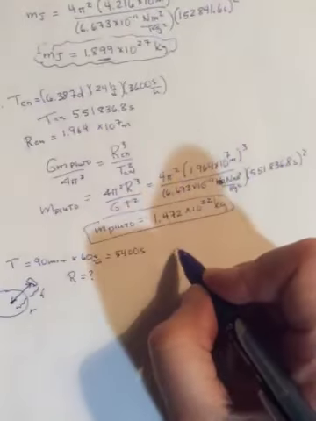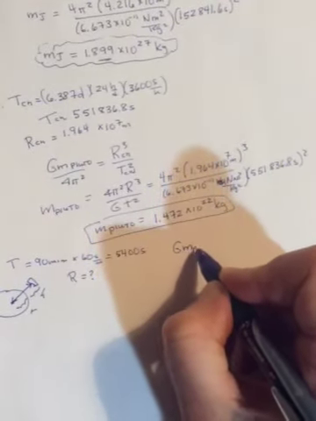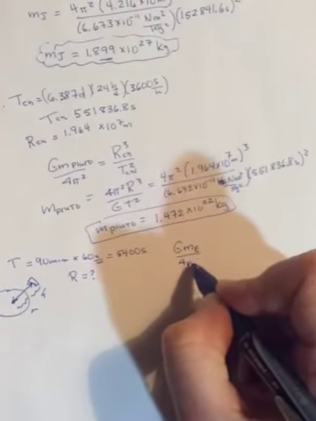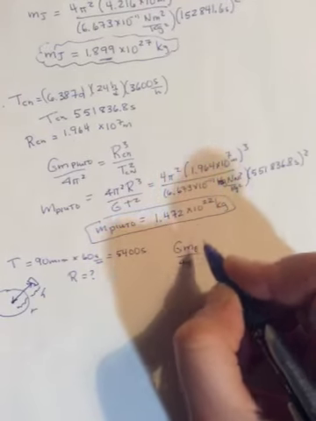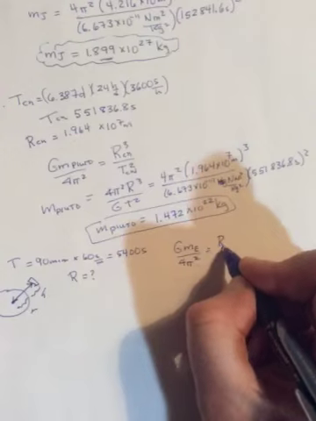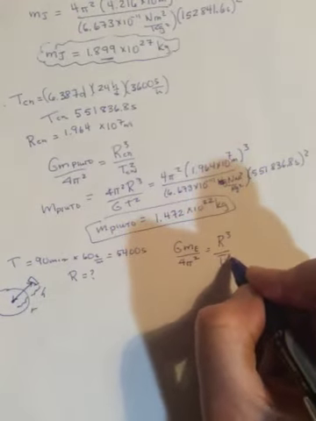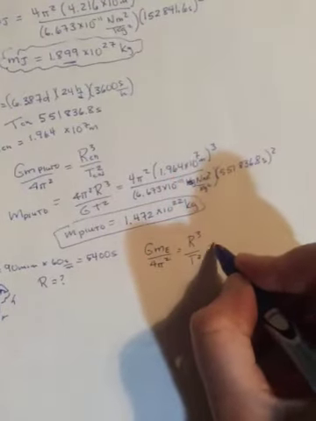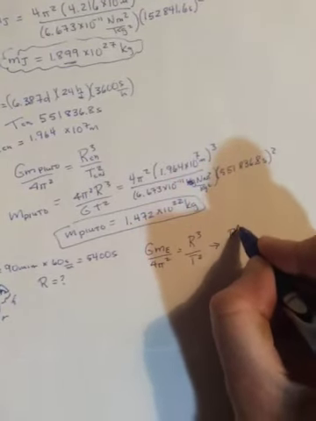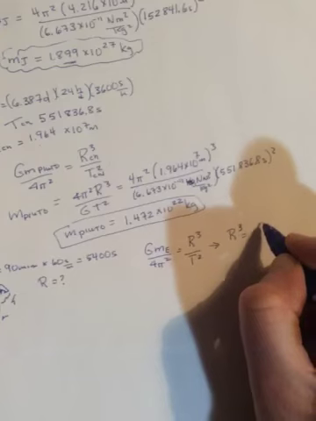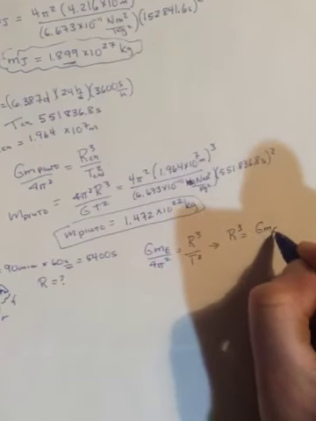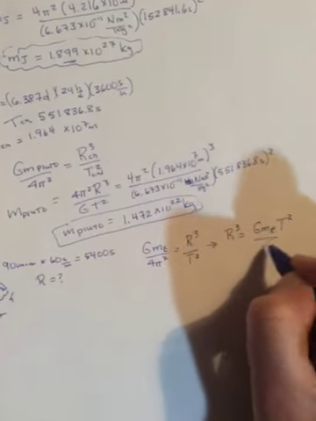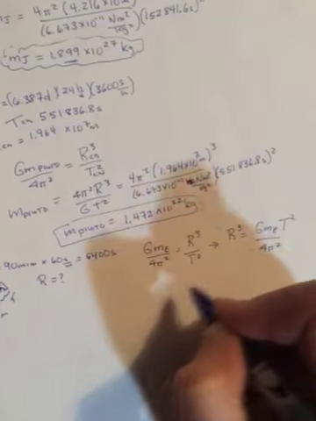So again, you're going to use Newton's version of Kepler's third law. G mass of the Earth over 4 pi squared equals R cubed over T squared. This time, though, you're solving for R cubed. So multiply both sides by T squared. So R cubed will equal G mass of the Earth T squared over 4 pi squared. We know the mass of the Earth.